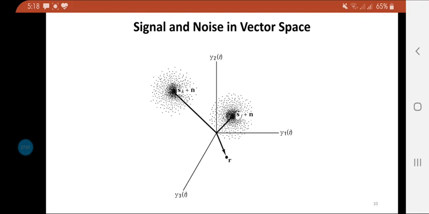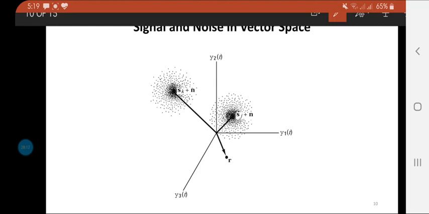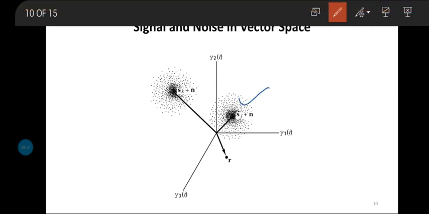Why this vector space is required is because we said the noise is additive and is going to have a Gaussian distribution. Therefore, the resulting distribution of the possible received signal forms a cluster or a cloud of points around these values of Sj and Sk, and this has to be noted, so that we can see where it is falling close to in order to make the proper decision.